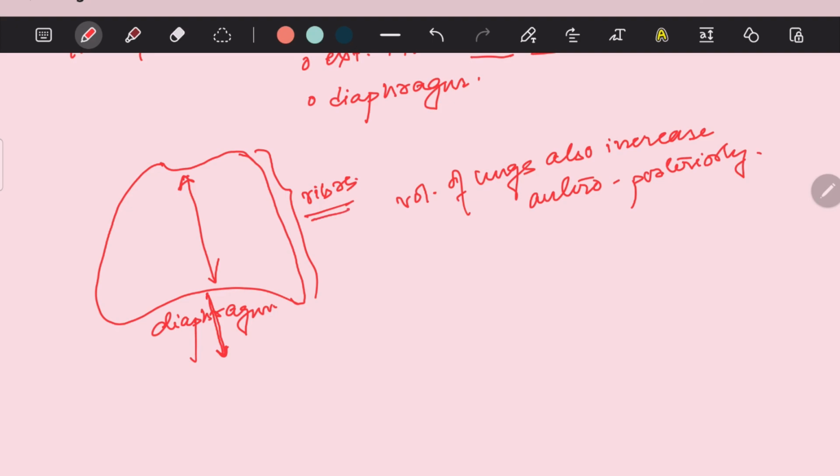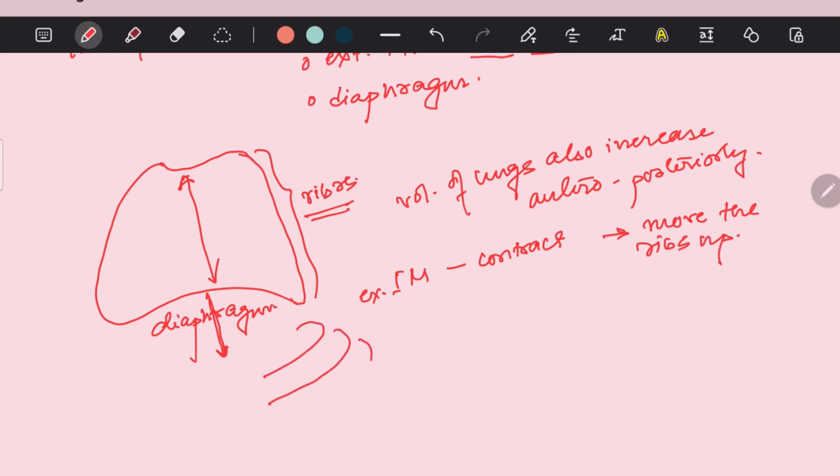Next, there are a set of external intercostal muscles. Now, when these external intercostal muscles contract, they move the ribs up. I would like to try to demonstrate this. Suppose these are the ribs that we are having, and these are the external intercostal muscles in between the ribs. Now, if these contract, what happens is these ribs come closer, right?